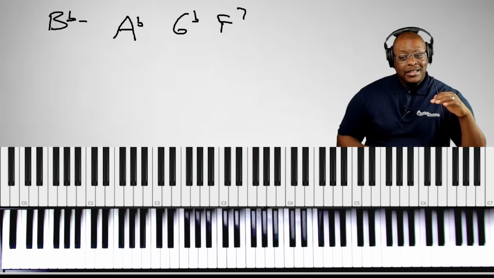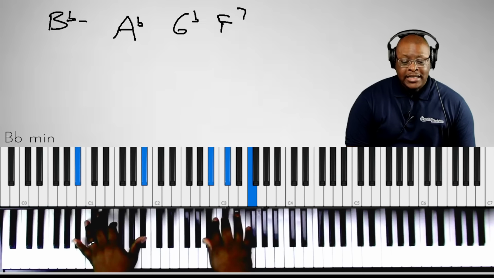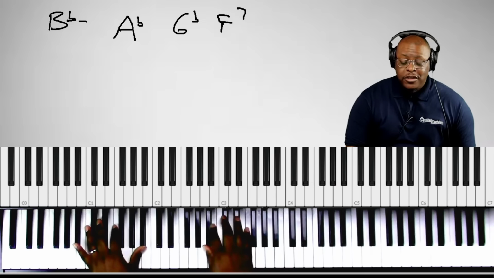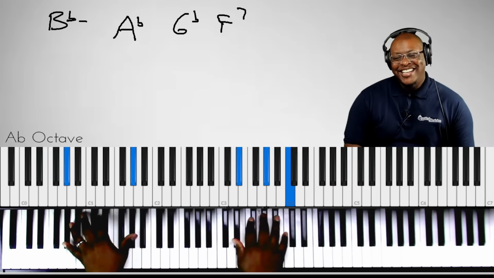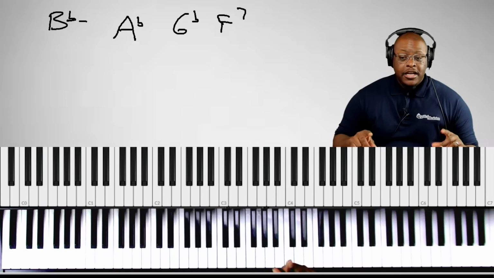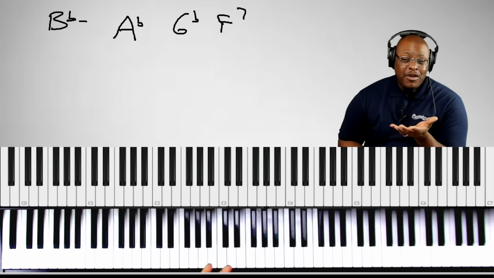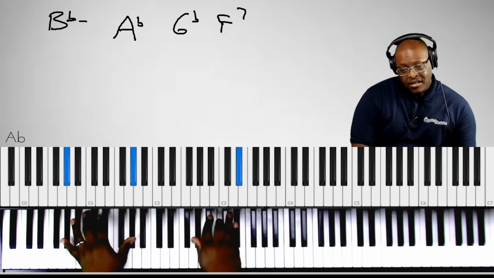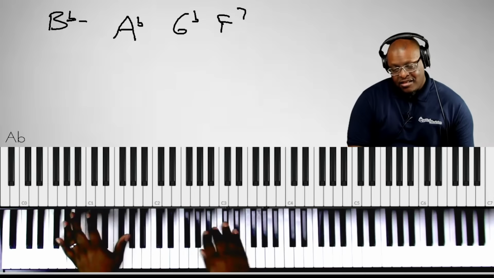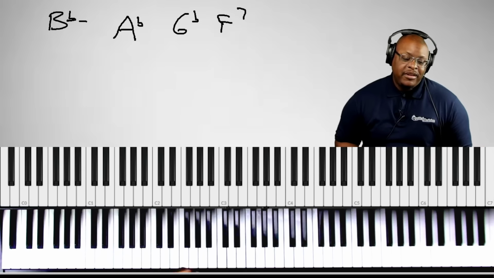All right, so let me give you layers and levels. So beginner level, you might start going like this, right? You start here, and then if you try the inversion, you might do it on the beat. Right? Now, intermediate, let's push it up. You might do a rhythm, but it's going to be the same rhythm every time. You're going to go. All right, and that gets kind of predictable.